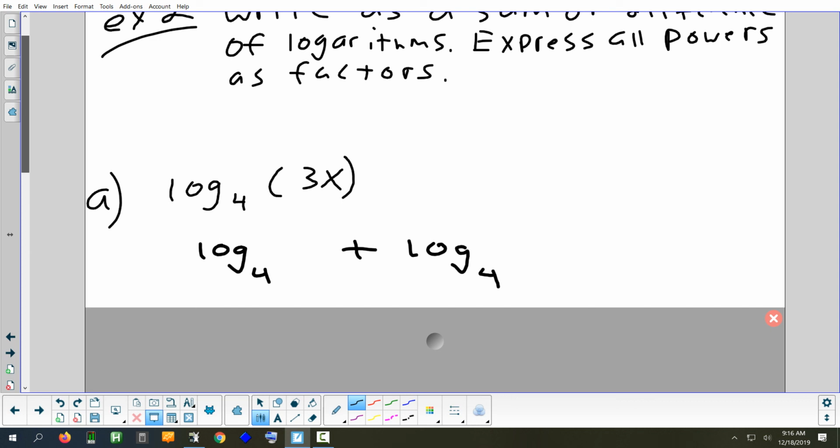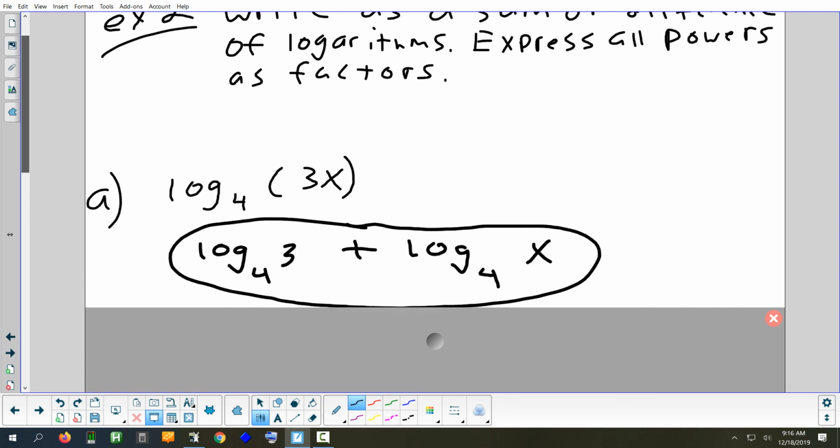Emily, my first argument is going to be 3, and the second argument is the x. And that's the final answer.